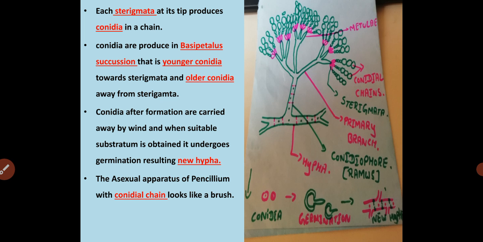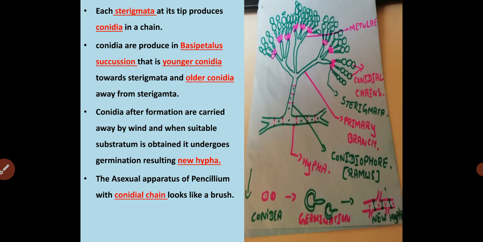In Penicillium, asexual reproduction takes place by producing a stalk-like structure called the conidiophore. The conidiophore produces branches, primary, secondary and tertiary. The tertiary branches are called the metulae. The metulae at their tips produce bottle-shaped structures called the sterigmata.